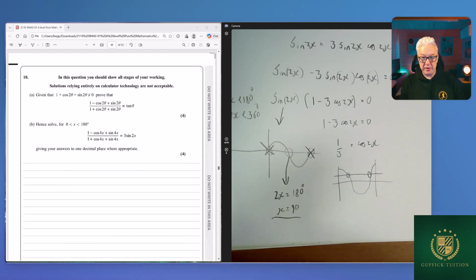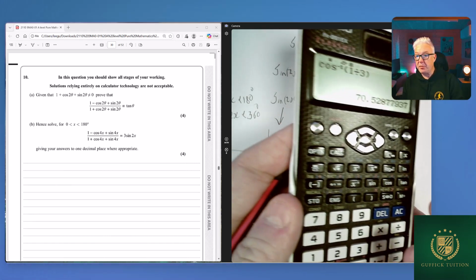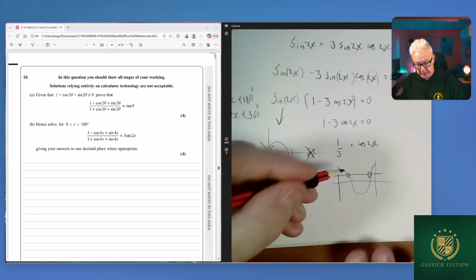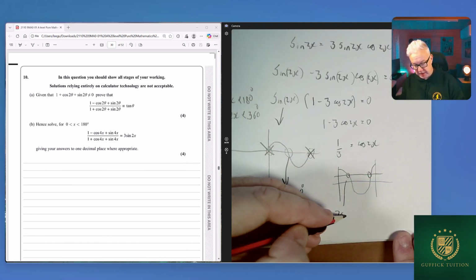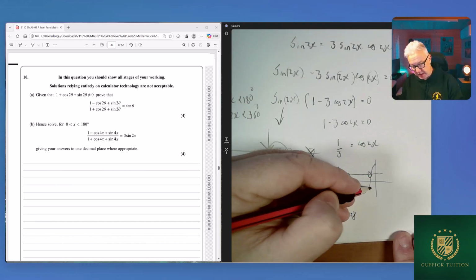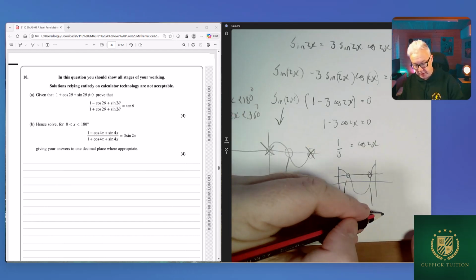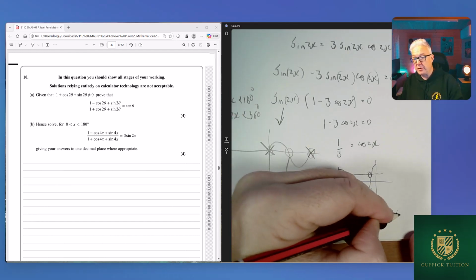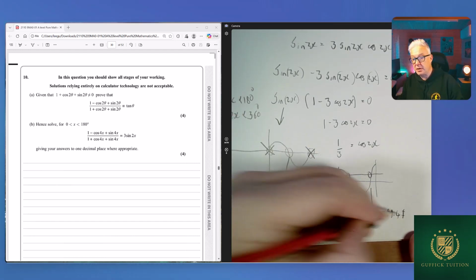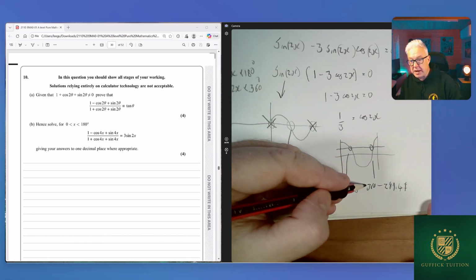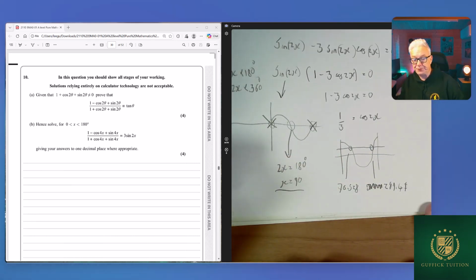Inverse cos of 1 divided by 3 gives me 70.528. And this one is going to be 360 minus that answer, so 360 minus answer is 289.47. That's my second solution.